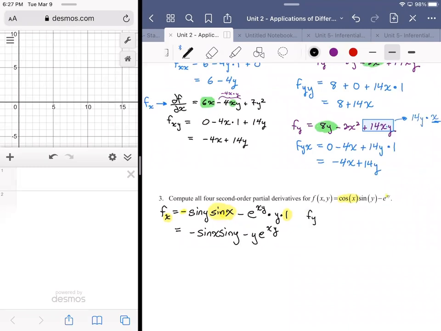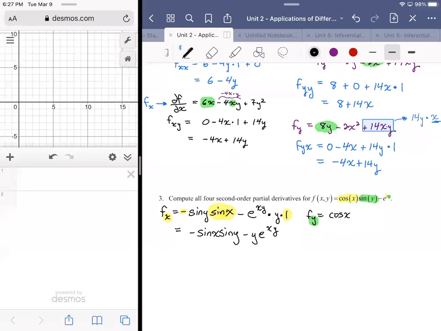So we'll do the same thing for f sub y, this time differentiating with respect to y, which means that anything that doesn't contain a y is going to be thought of as constant. So in the case of cosine x sine y, cosine x comes along for the ride.